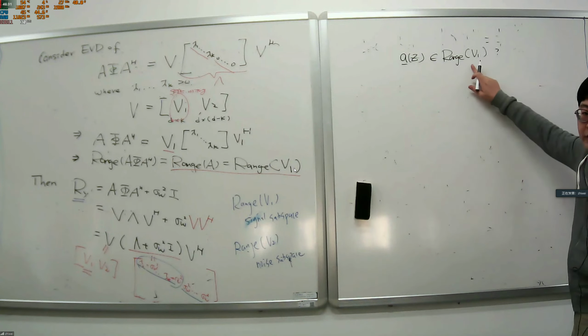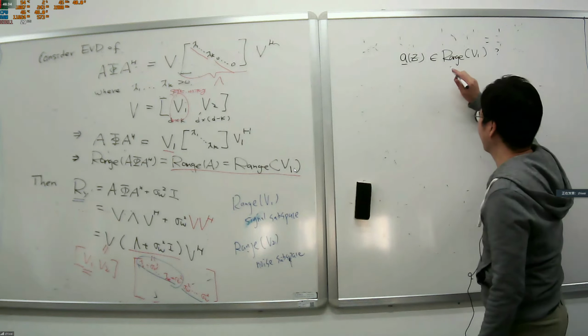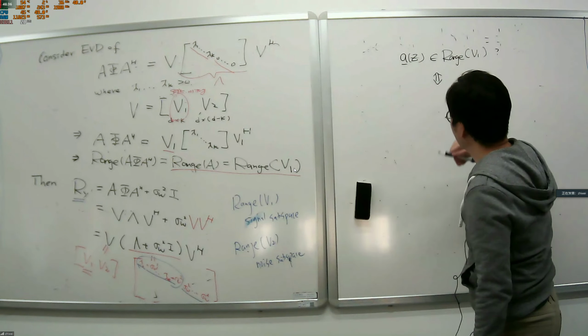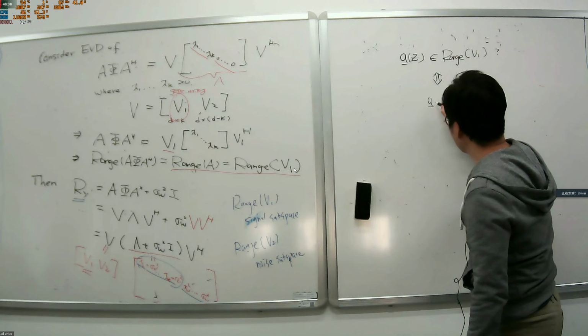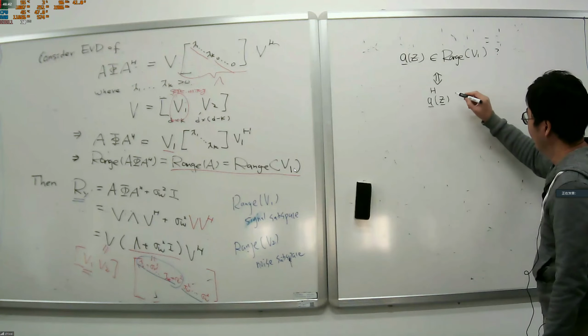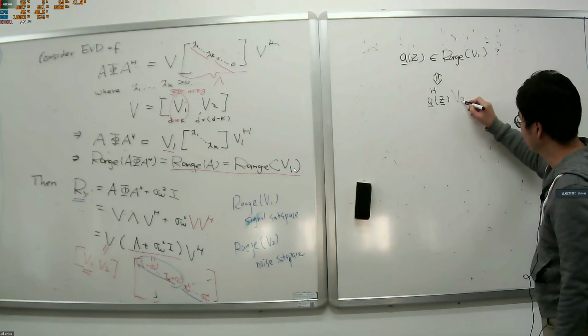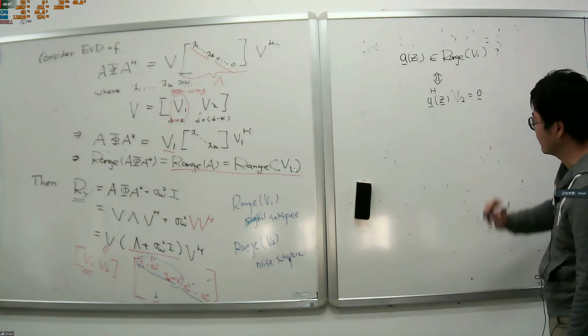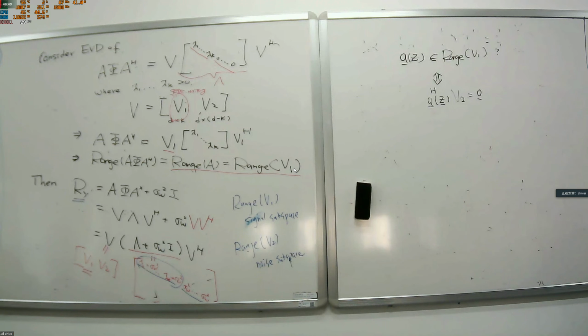So how can we do this? This is not easy to do. Equivalently, we can change this to the inner product of AZ with V2 should be 0, because V1 and V2 are orthogonal complements.